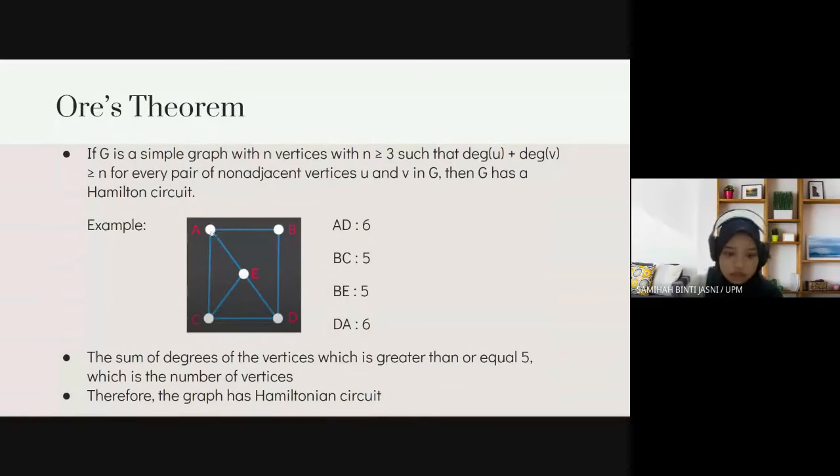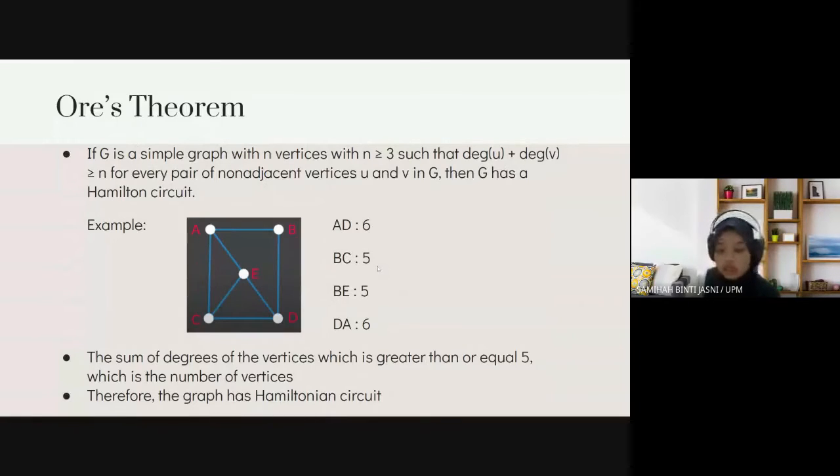For AD, A has a degree of 3, and D has a degree of 3, and 3 plus 3 is 6. And then BC has a sum of degree of 5, BE is also 5, and DA is 6.